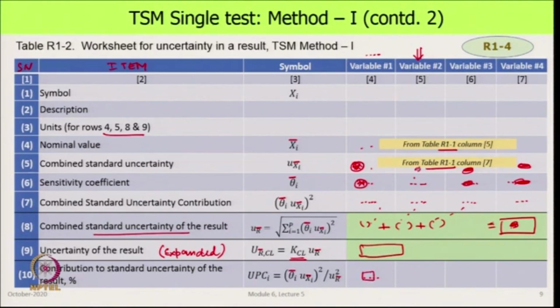Similarly, we divide this by this, square it, put it here, and like that. So, this data you can then begin to compare and see which one is the dominant uncertainty, which uncertainty can be neglected, and of course, the sum of all of this in this row, the sum has to be equal to 1.